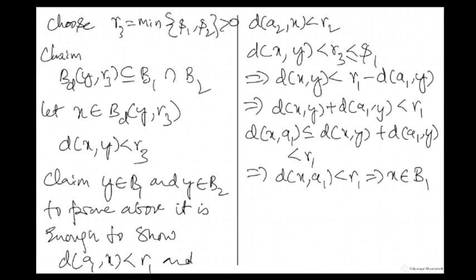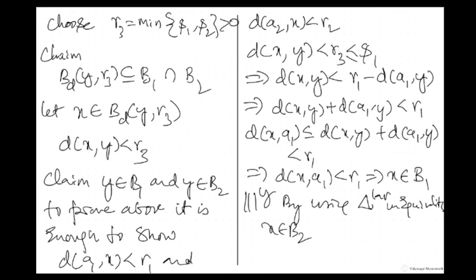Similarly, you can demonstrate by using triangular inequality that x belongs to B2. Thus, x belongs to B1 intersection B2.